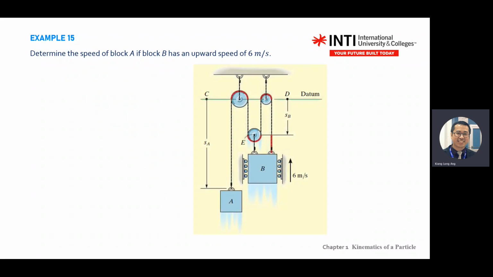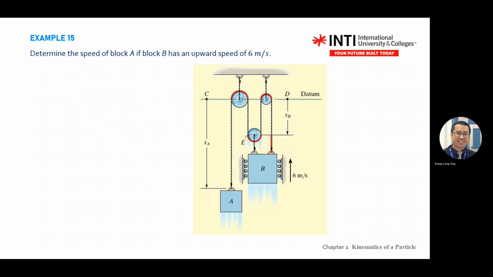Let's look at this diagram. Tutorial question number 15, or example 15. Determine the speed of A if block B has an upward speed of 6 meters per second. Okay. So, first step. Find what, Nico? First step.